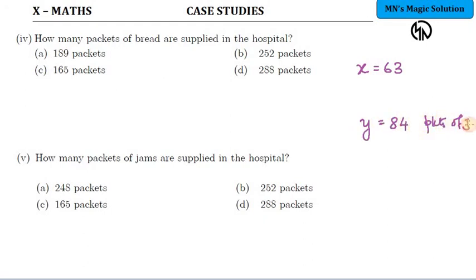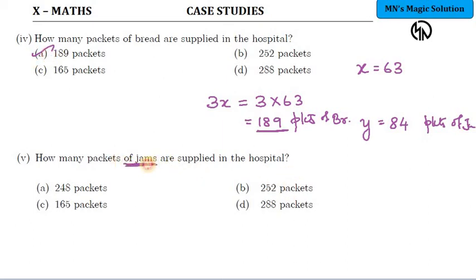In the question, what did they give for the hospital? 3X packets were issued. 3X is 3 into 63, which is equal to 189 packets of bread. So if this many packets are issued, how many pieces in total would there be? That is required to find the answer for the fifth one. Now, 189 packets of bread. Option A, I have marked it.